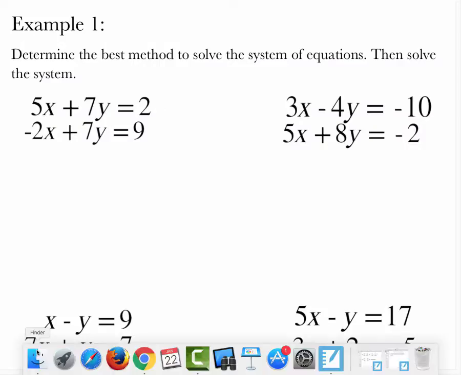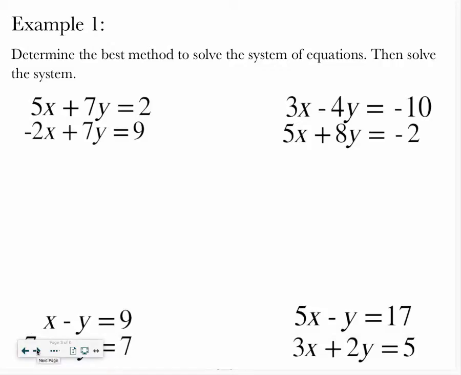So let's look at our first problem here. We want to determine the best method to solve the system of equations, and then we want to go ahead and solve it. So the first one we have is 5x plus 7y equals 2. We have negative 2x plus 7y equals 9. Okay, so I see right away I have a 7 and a 7.